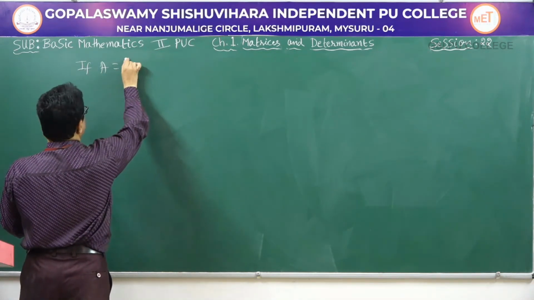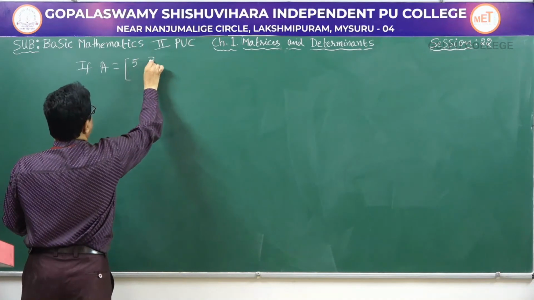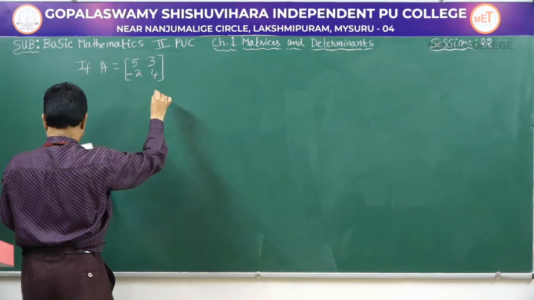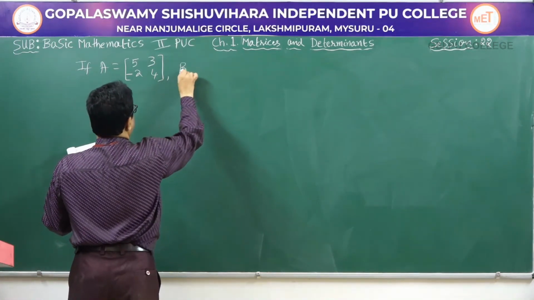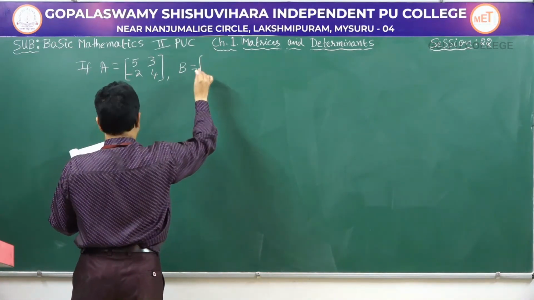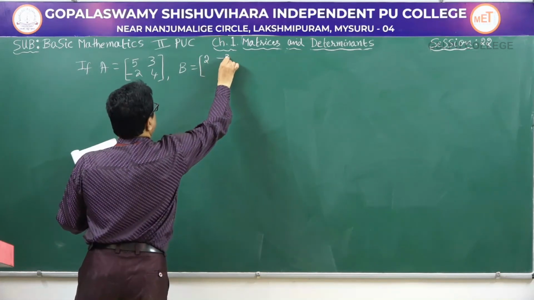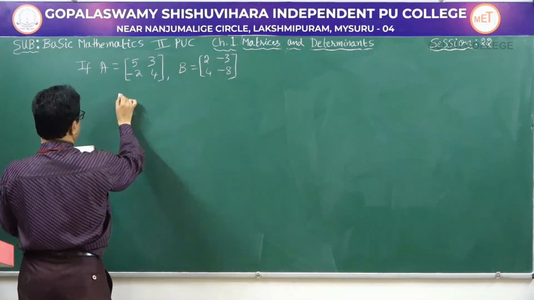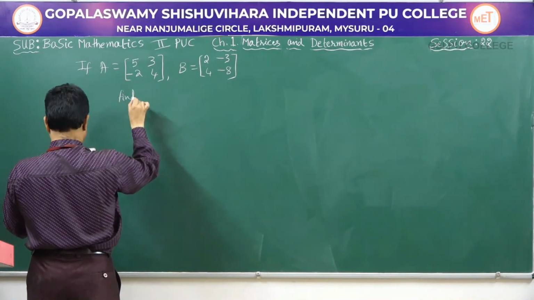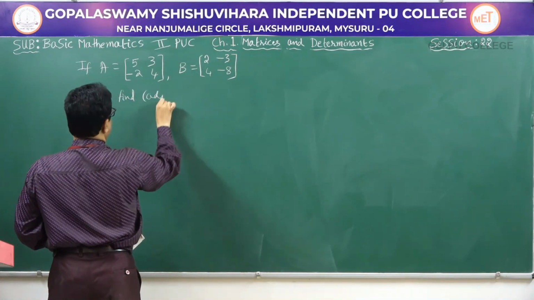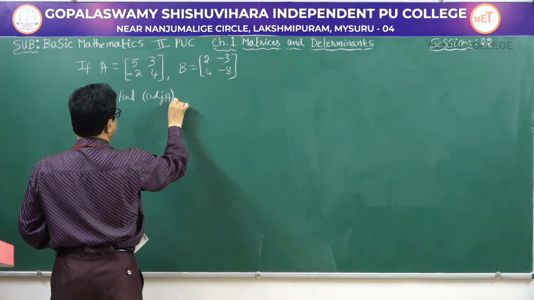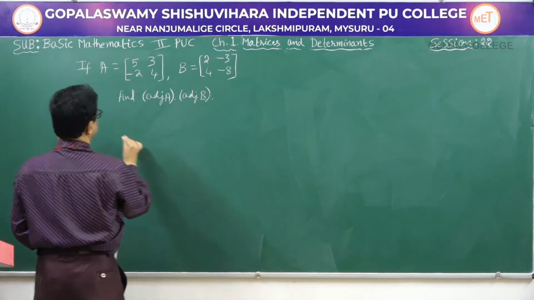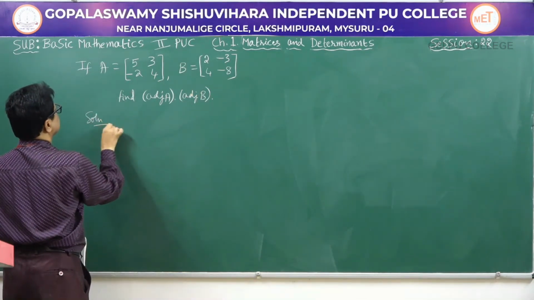If A equals 5 3 minus 2 4, B equals 2 minus 3 4 minus 8, find adjoint A into adjoint B. Solution.